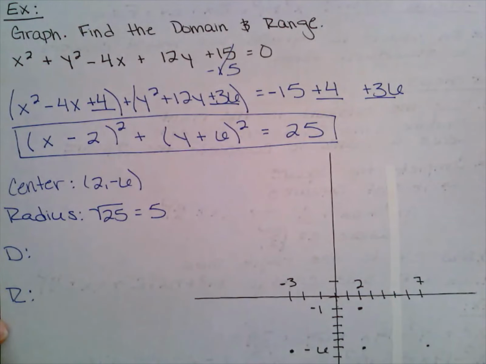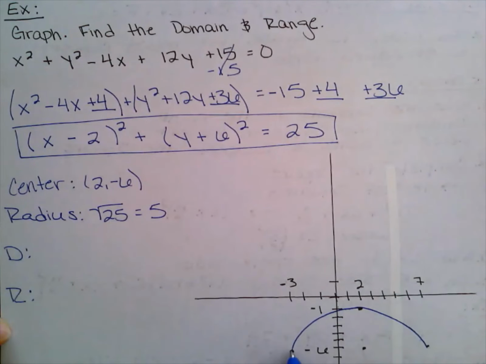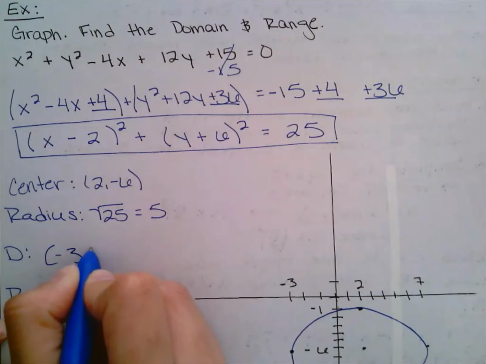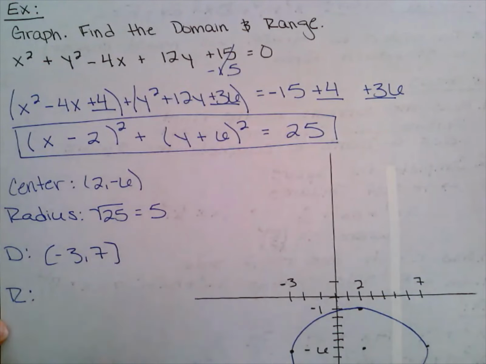And then we can go ahead and trace our circle. And then we can clearly see our domain that goes from -3 to 7. And then range lowest is from -11 up to -1.